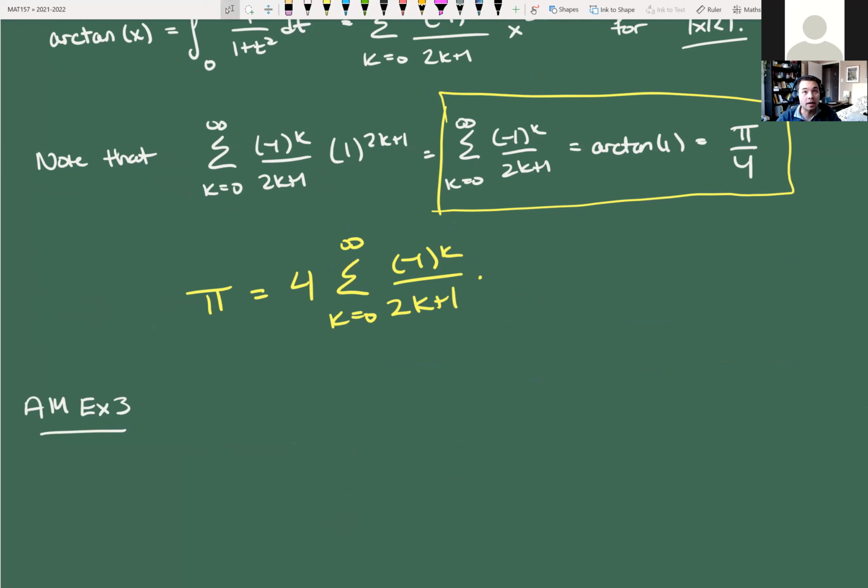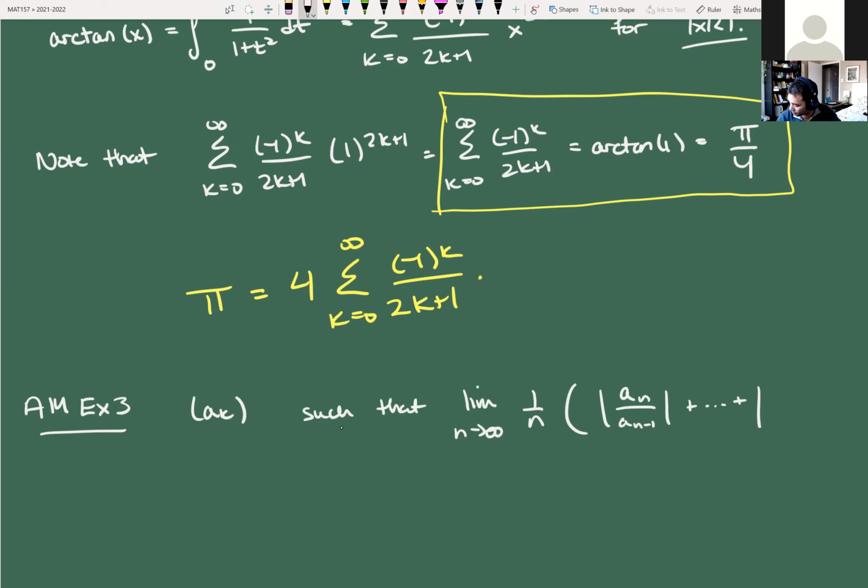Right, okay, so this is a phenomenal question. You're told that a_k is a sequence such that the limit, I strongly recommend everybody pay attention, of |a_n| over |a_{n-1}| is less than 1.